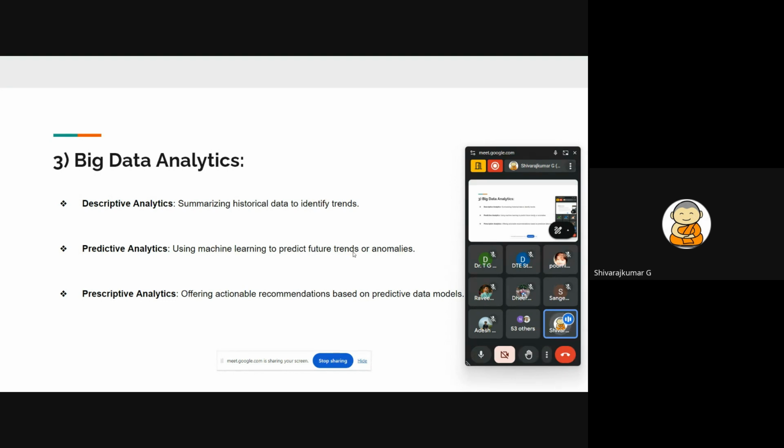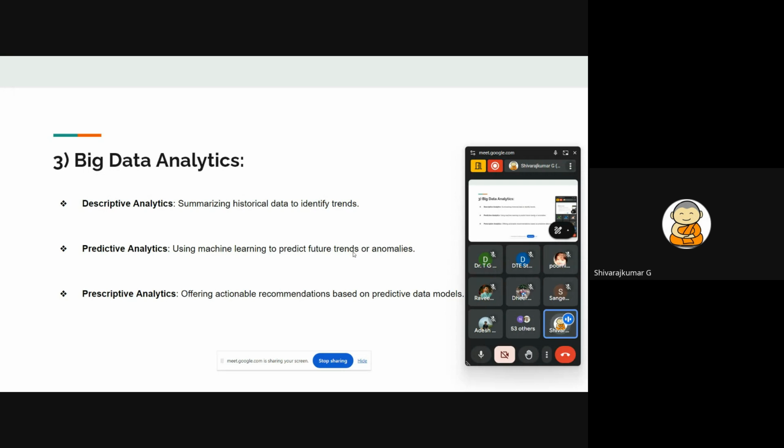Some apps provide the probability of getting a seat. How do they provide it? Because they have the past history data, and based on that they create the probability. Based on that probability, when we are planning the travel, we can book the tickets.